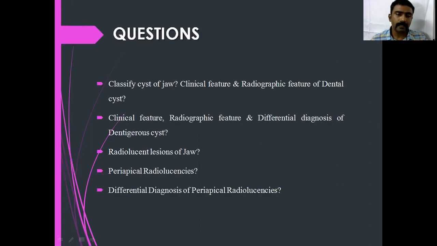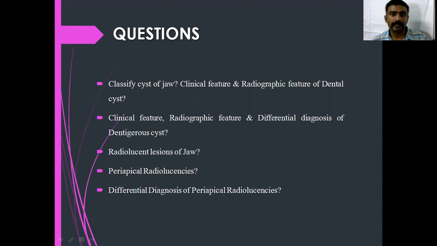Odontogenic cyst is the most important topic in oral medicine and radiology. These are the frequently asked questions for university exams from this topic. The questions are: classify cyst of jaw, write in detail about the clinical features and radiographic features of odontogenic cyst.